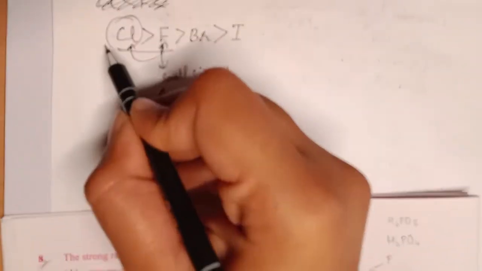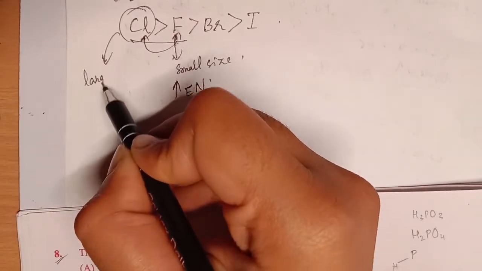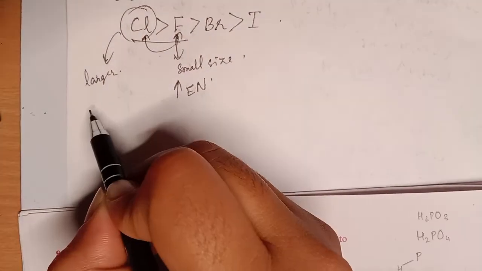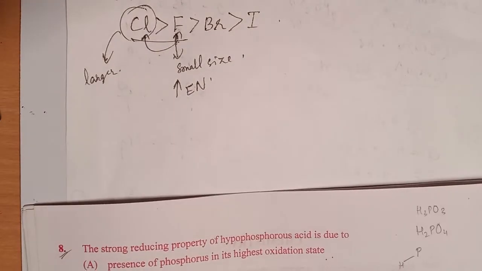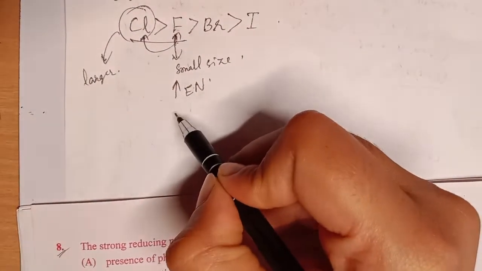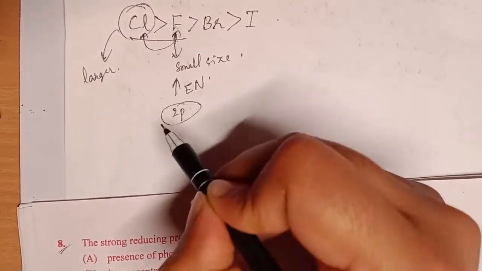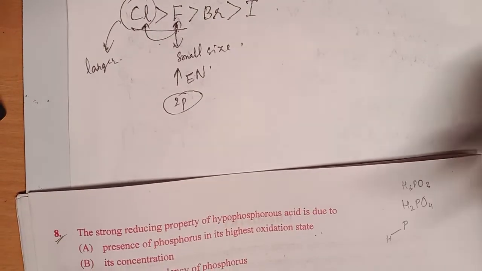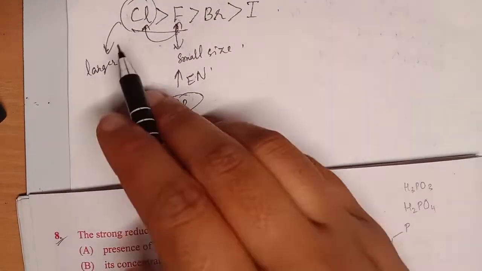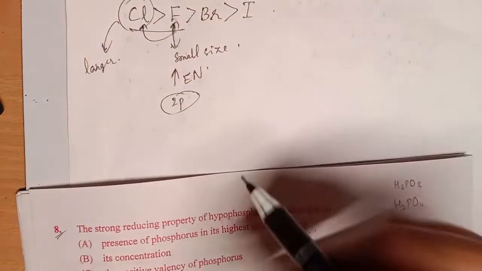And chlorine has larger size comparatively, and as in fluorine there is repulsion between the 2p orbitals, right? Chlorine has more electron gain enthalpy than fluorine. So I hope you understood the reasons why it is like this.